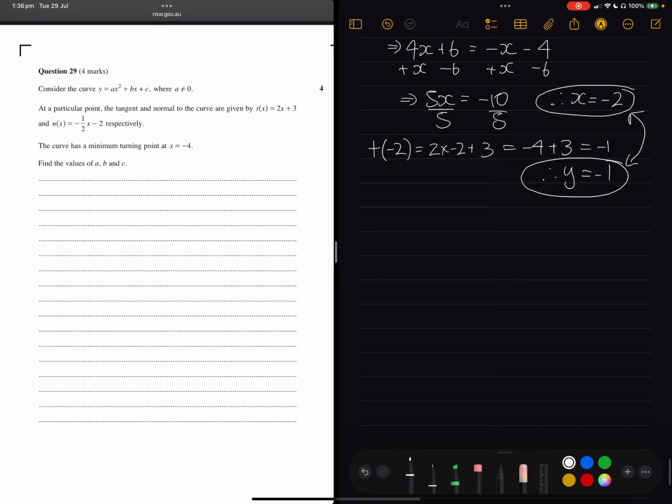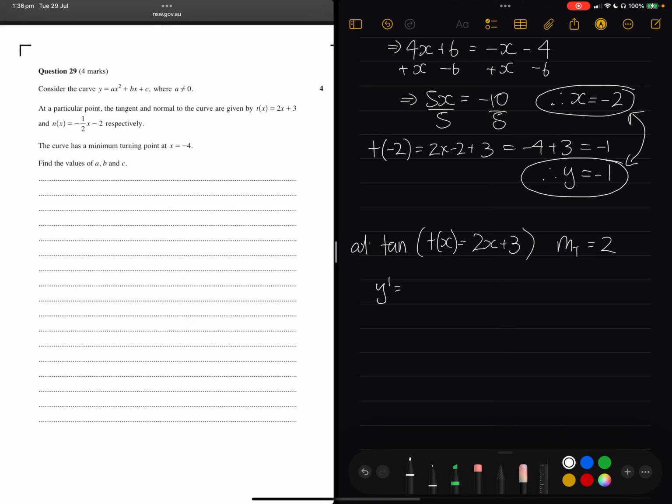The way that we can do this is we can think about the tangent. At the tangent given, which was t of x is equal to 2x plus 3, the slope of the tangent is 2. But the derivative gives you the slope of the tangent. So we know actually y prime is 2 at this point, when x is equal to -2.